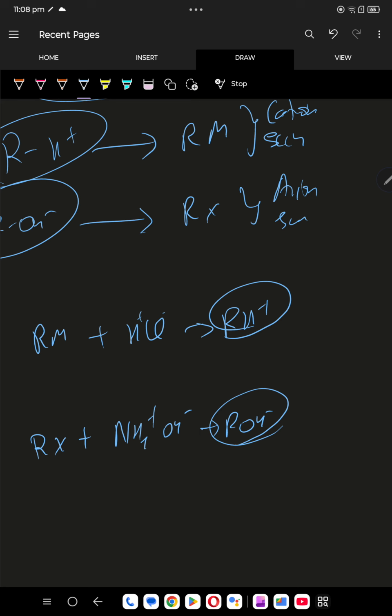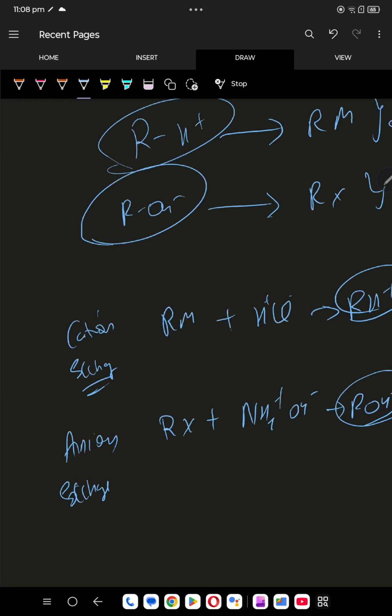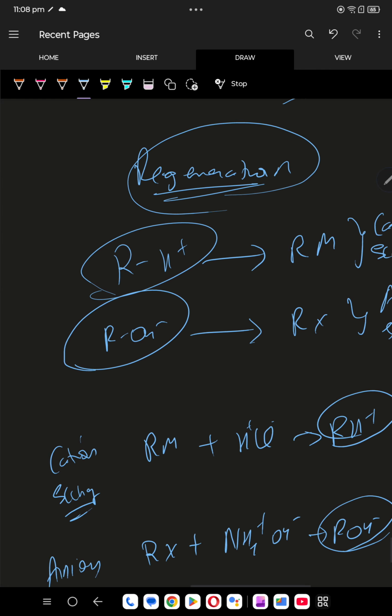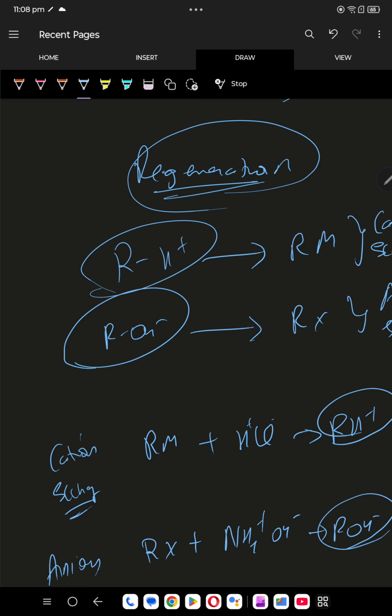And this again we can use with the base, and we'll get ROH- plus SO4 2-, so R2SO4 plus OH-. So then we can regenerate for experimental laboratory purposes. But for brewery industries, it's better to change the entire system instead of regeneration because it's for consumption purposes.